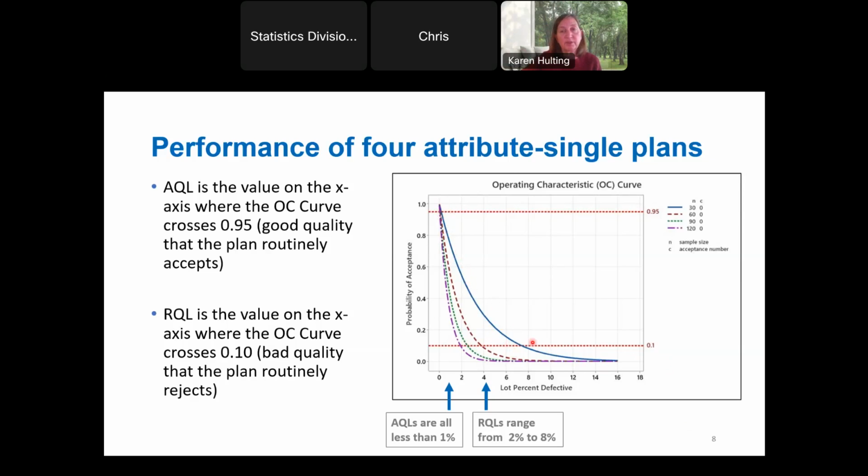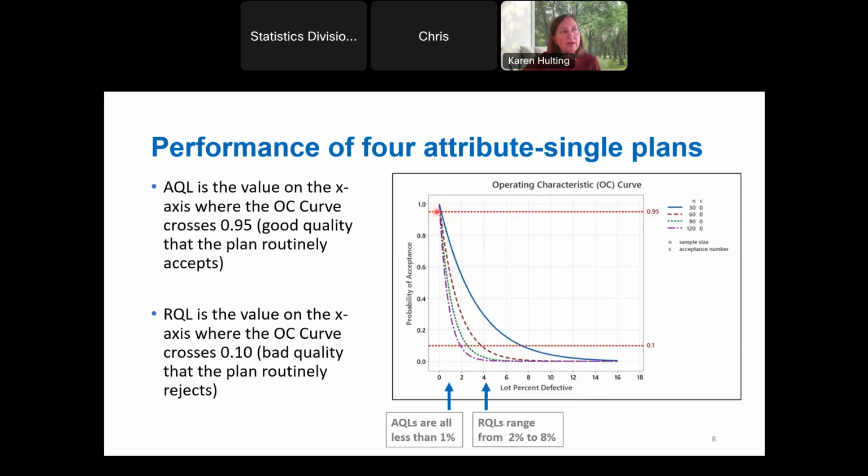You can see this solid blue line here, that probability drops very fast. It's dropped all the way down to 50% by about 3% defective in that lot. So if you look at that x-axis here. The bigger the sample size, the faster it drops, because you have more probability of getting a defective for any level of defectives in that lot.